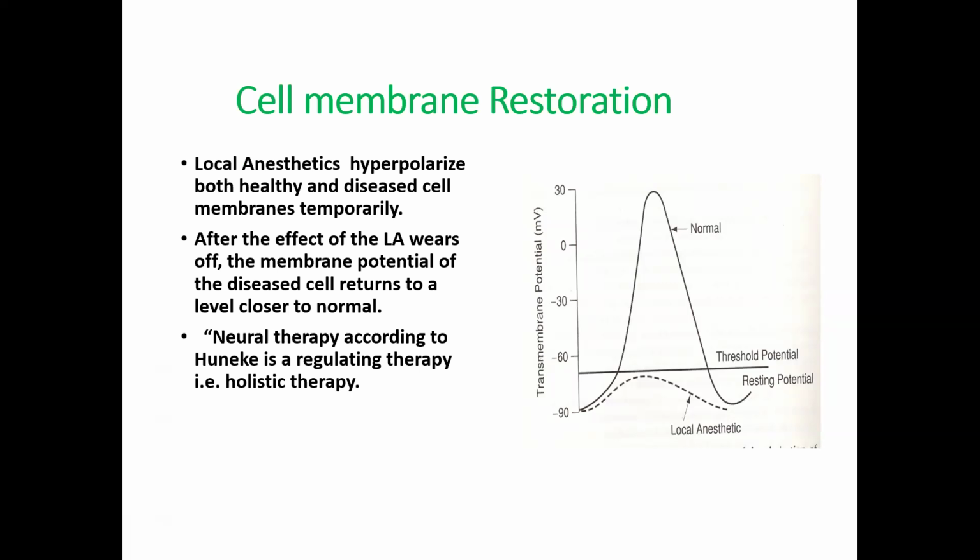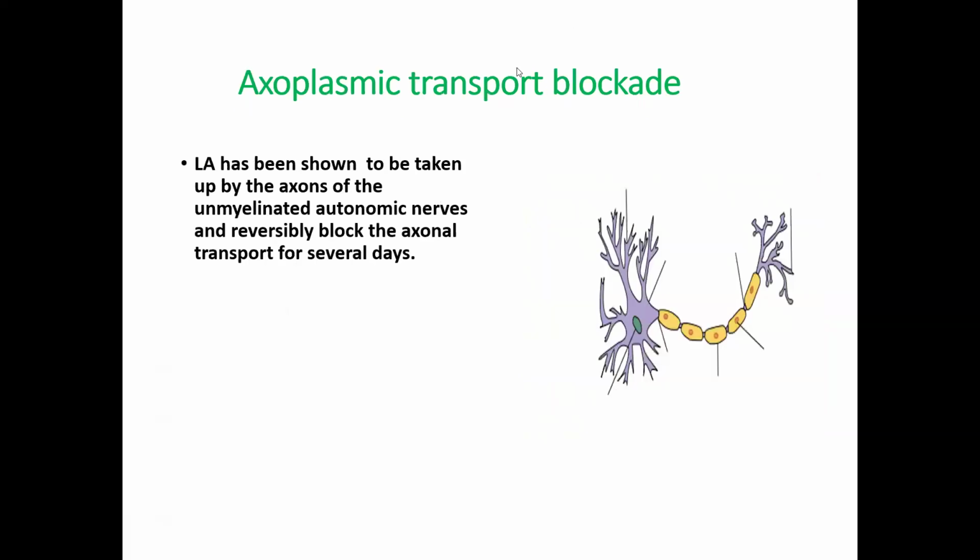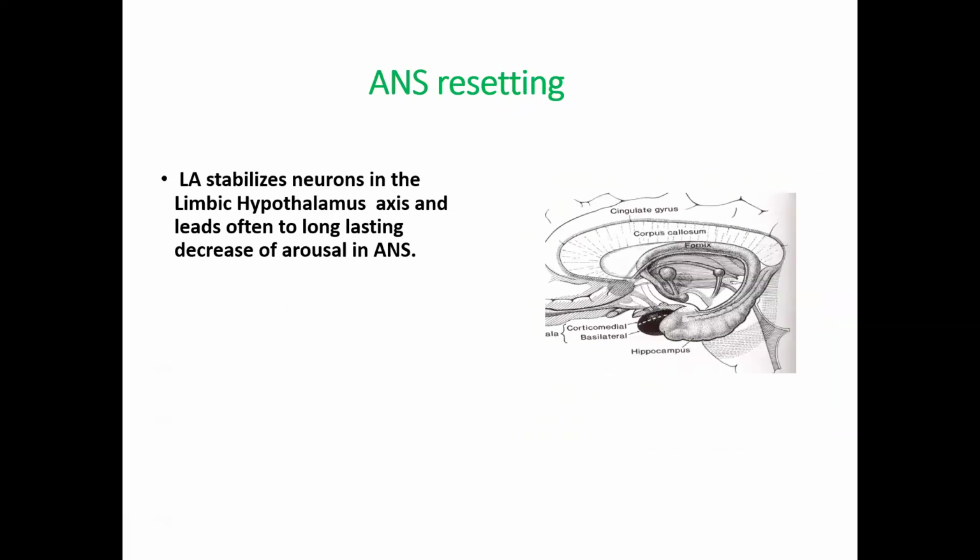But there are other theories that you should know as a pain practitioner, like cell membrane restoration, exoplasmic transport blockade, and autonomic nervous system resetting. We know that local anesthetics stabilize neurons in the limbic hypothalamus axis and often lead to long-lasting decrease of arousal and autonomic nervous system.